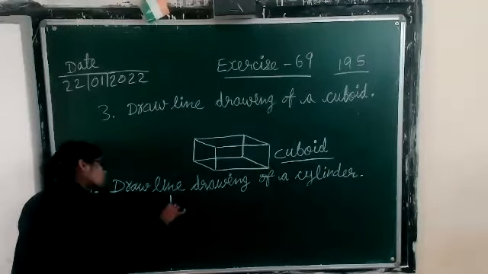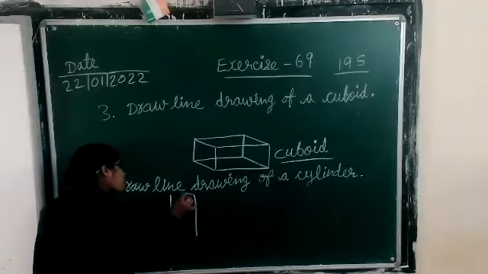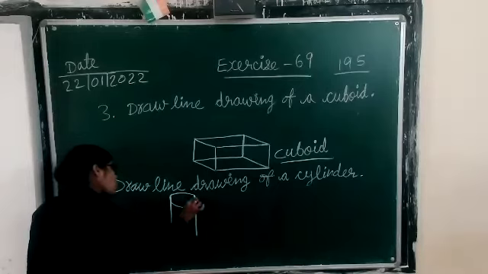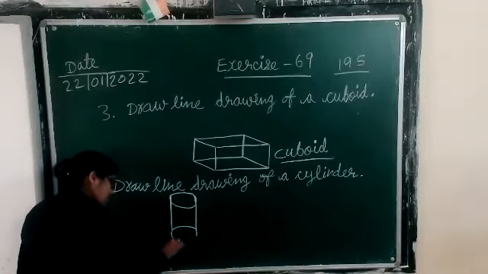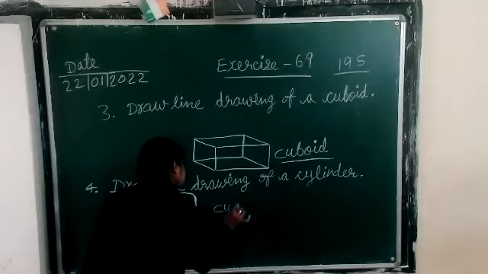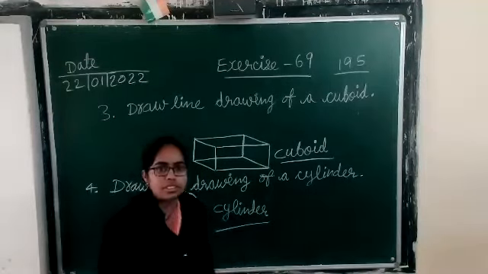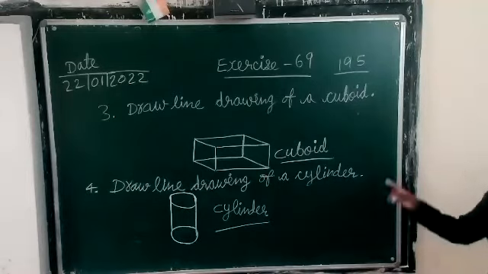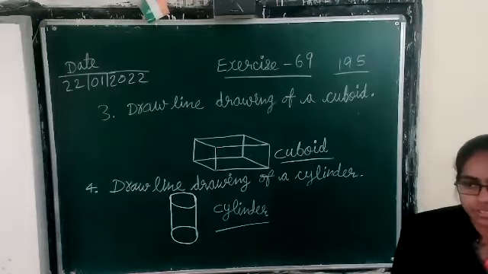You have to make two parallel lines and draw the oval shape on the top of the lines and also at the bottom of the lines. This is what is called the cylinder. I think it is visible to everyone, no? Can you see the board? Draw. This is the answer for the third question and this is the answer for the fourth question.